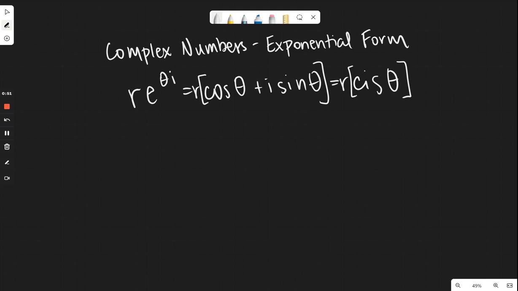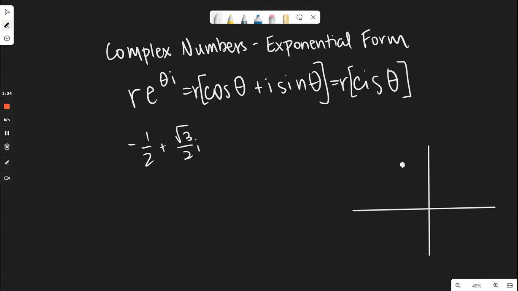Okay. So let's say we have the number negative 1/2 plus square root 3 over 2 i. Now, as we can probably figure out by looking at this, if we have negative 1/2 plus square root 3 over 2, that's going to be at the coordinate negative 1/2, so cosine theta is going to be negative 1/2, and then sine theta is going to be square root 3 over 2.